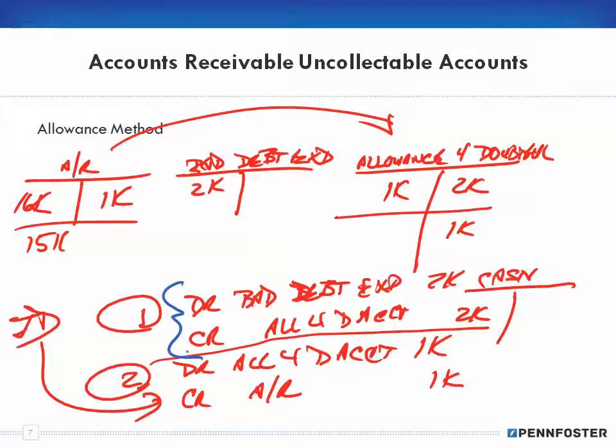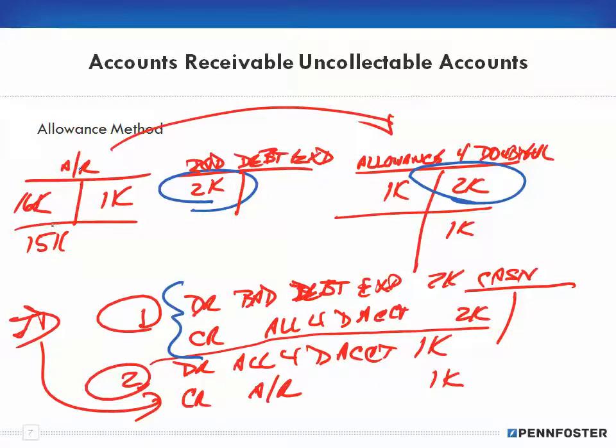And you're going to make this journal entry. When you make this journal entry, you're booking the bad debt expense of $2,000, and you're putting it as an estimate in your allowance for doubtful account. So you're actually booking the $2,000, and you have this contra account to the accounts receivable.